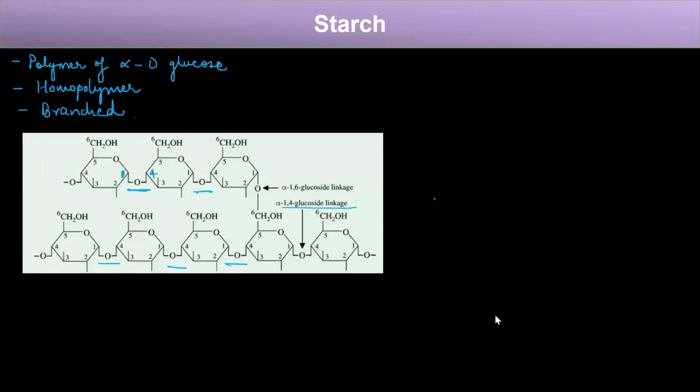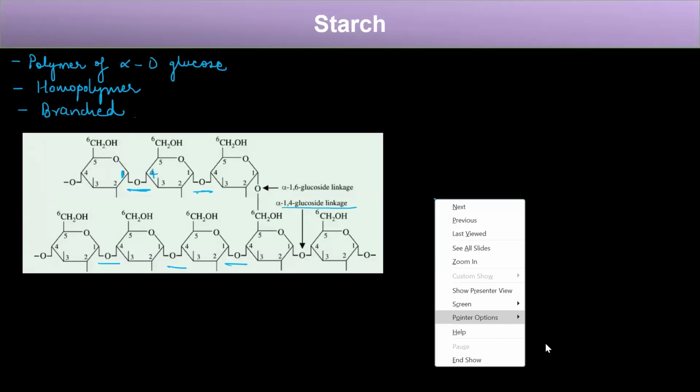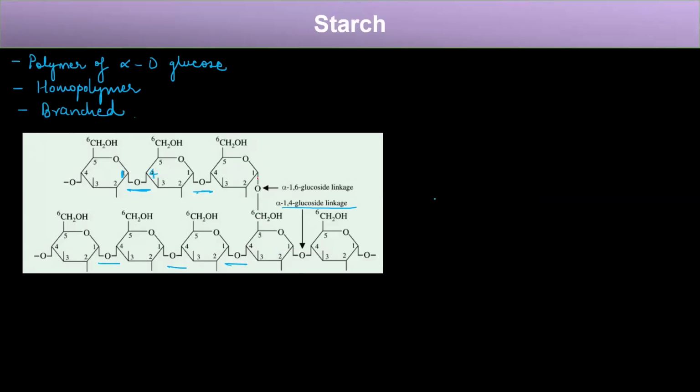But apart from the alpha 1-4 linkage, we can also see a different type of linkage present here. This linkage is known as the alpha 1-6 linkage, because it is between the first carbon of one sugar molecule and the sixth carbon of another. Hence, it is known as an alpha 1-6 glycosidic linkage.